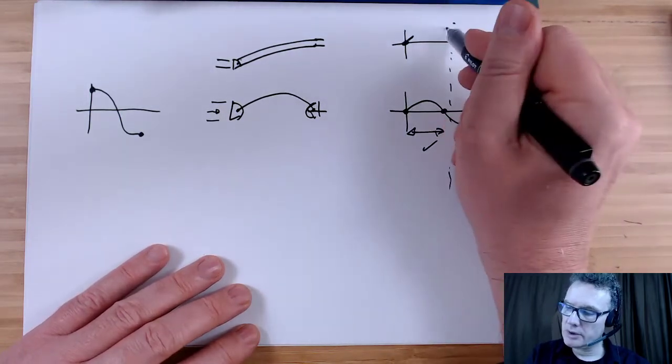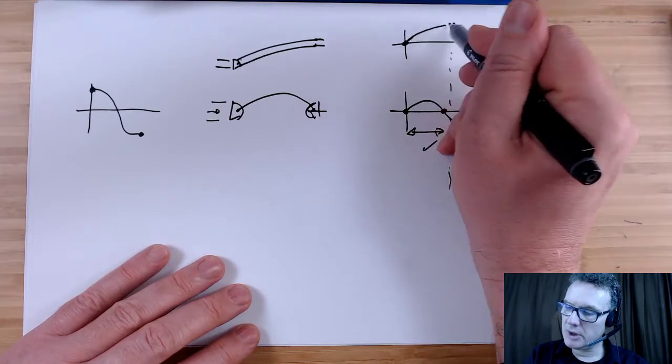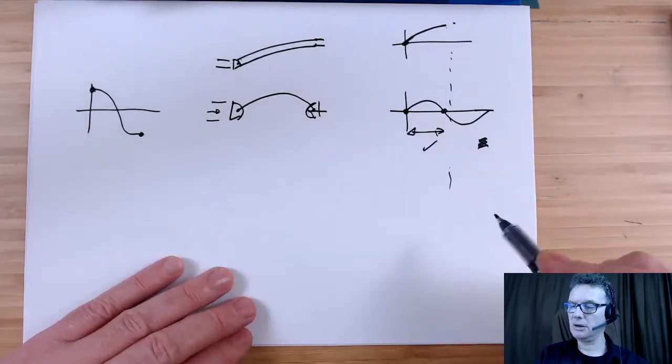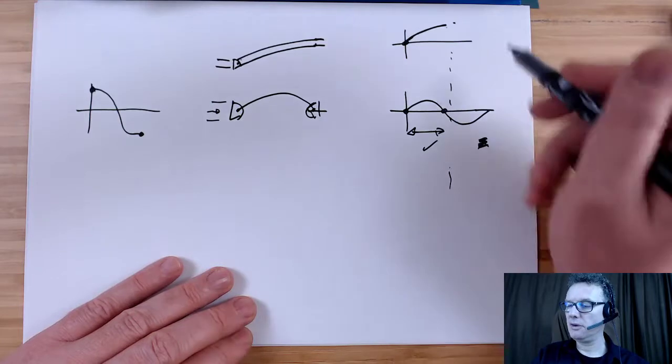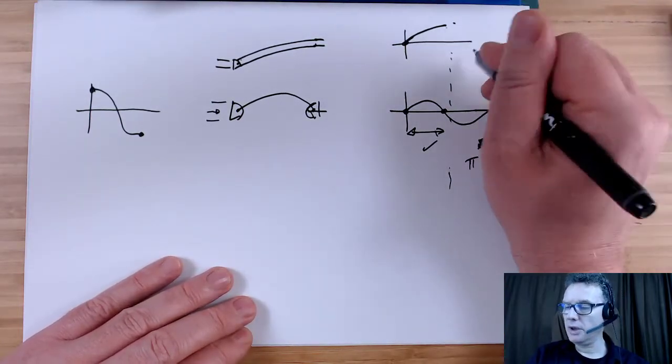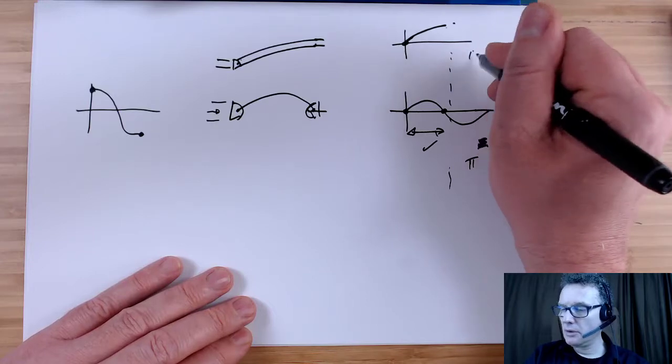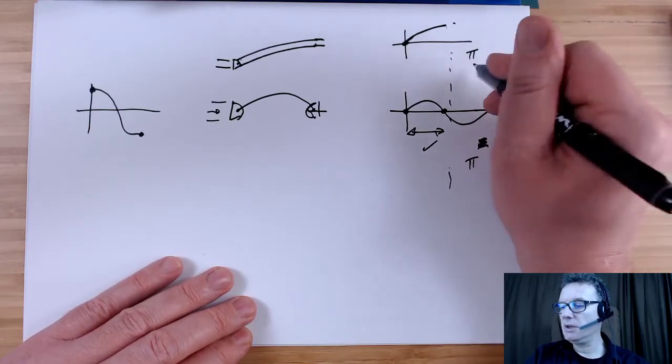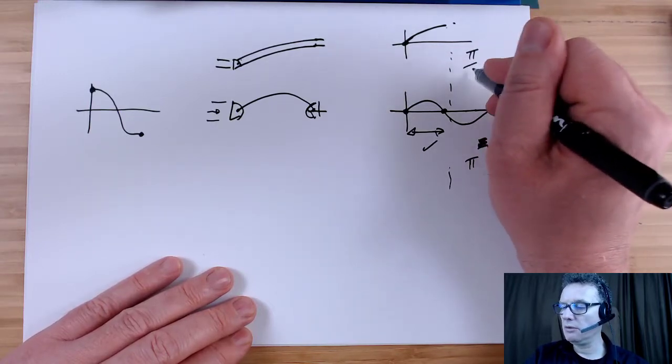Okay, so here we could see that we could get something like that, so it would fit into a sine wave nicely, where we would set the length to be pi over 2.